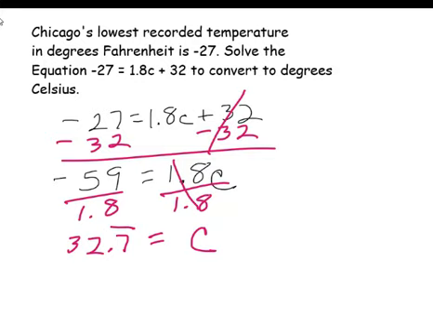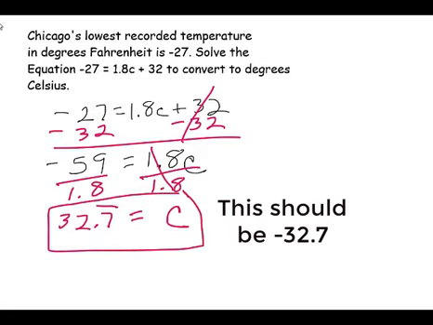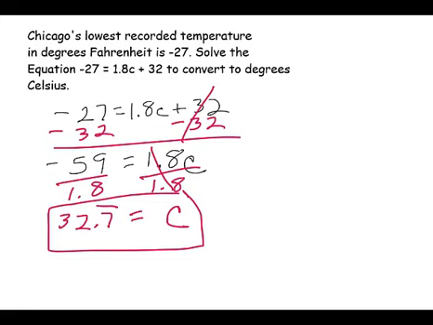That's my bar notation over the 7, which indicates that the 7 is the only number that repeats. And now I know that negative 27 degrees Fahrenheit is equal to negative 32.7 degrees Celsius. So hopefully now you know how to solve two-step equations, and I'll see you next time as you continue on your math quest.